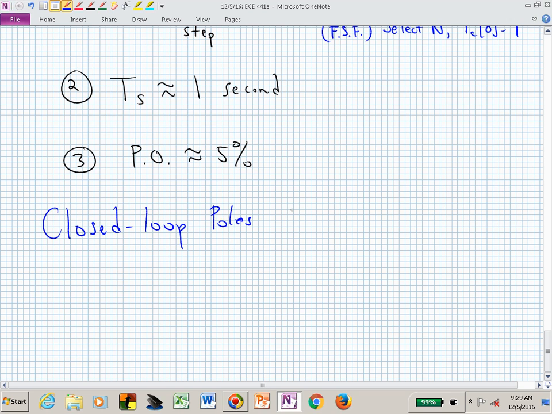closed loop poles for an ideal two-pole system.